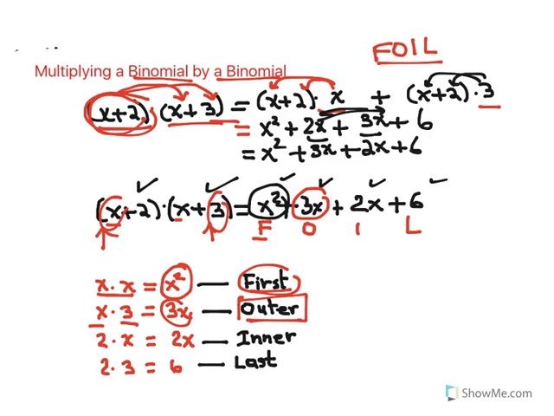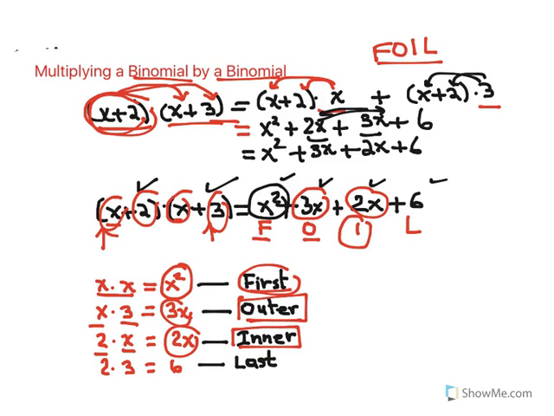So I have the F, I have the O. What about the 2x? I get the 2x by multiplying 2 times x, and 2 and x stand for inner, and mean I'm multiplying the inside terms. 2 and x are inside terms, therefore 2x stands for the multiplication of the inner terms.